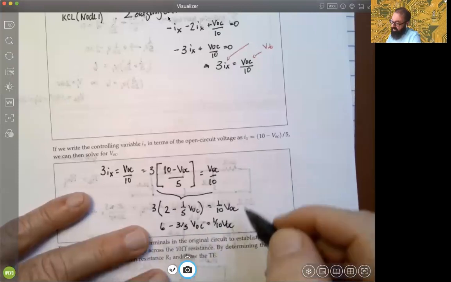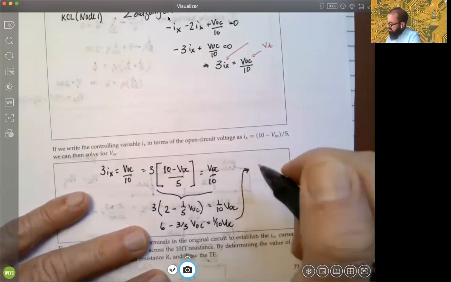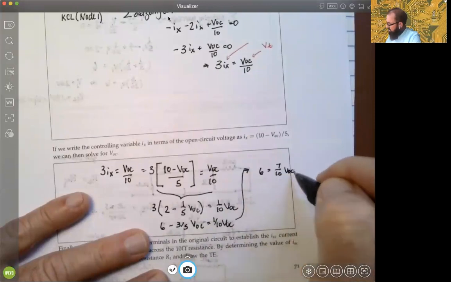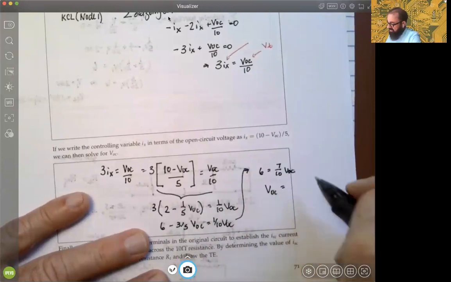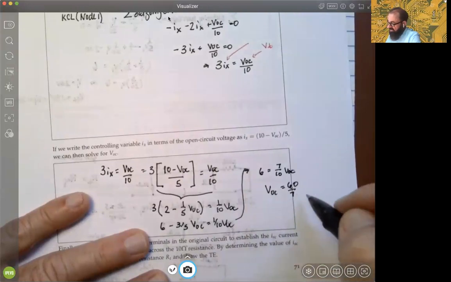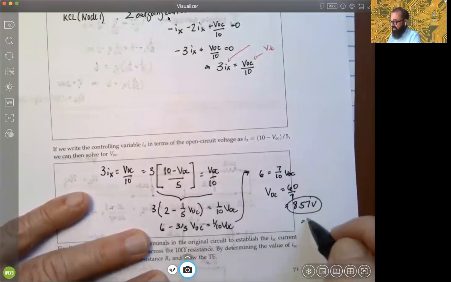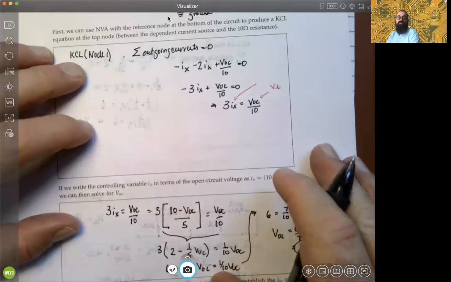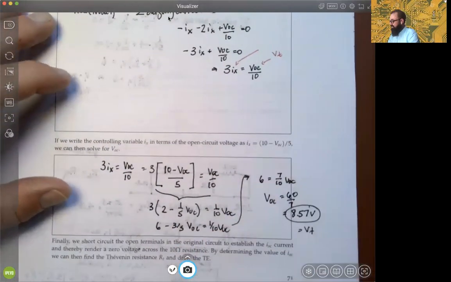Collecting a common denominator of tenths tells us that 6 has to be equal to 7/10 VOC, or that VOC is 60 over 7, which is about 8.57 volts, okay? And again, that's the same as the Thévenin voltage. So we know the Thévenin voltage is 8.57 volts.